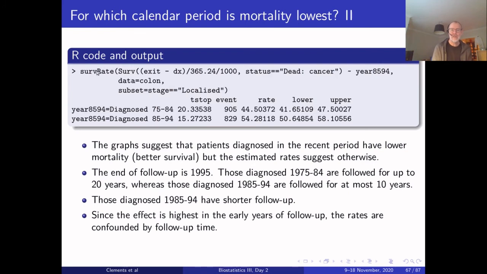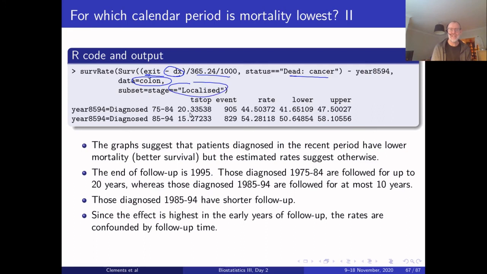So, for which calendar period is mortality lowest? If we do this, this is date of exit minus the date of diagnosis, per 1,000, for cause-specific mortality from the colon data for localized cancer.